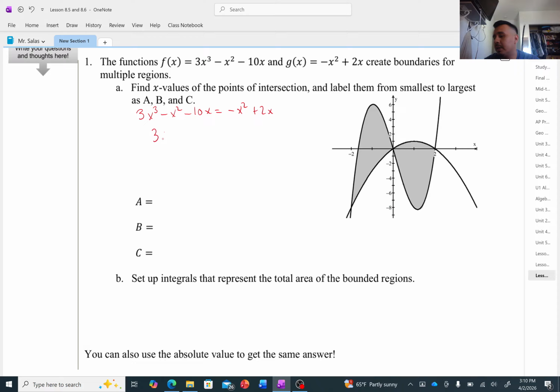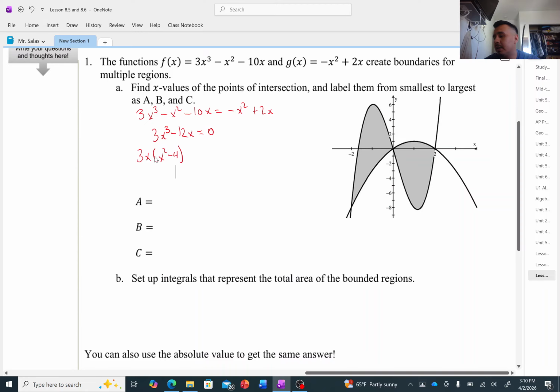I'm going to end up with 3x cubed minus 12x is equal to 0. All I did was pass the negative x squared, I did plus x squared, that gets canceled out. Minus 2x, negative 12x, right? Now I can see I can extract a 3x from the left side. So 3x times x squared minus 4.